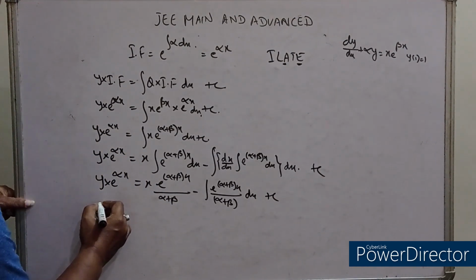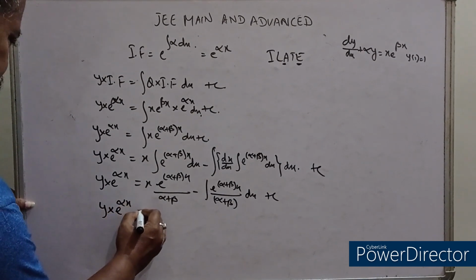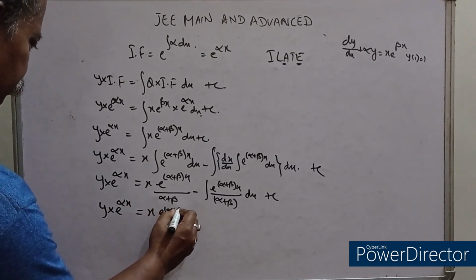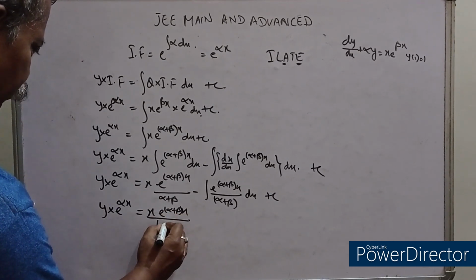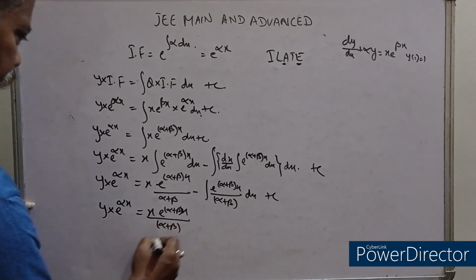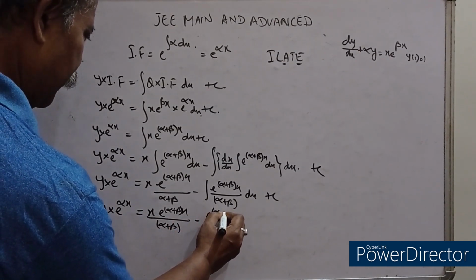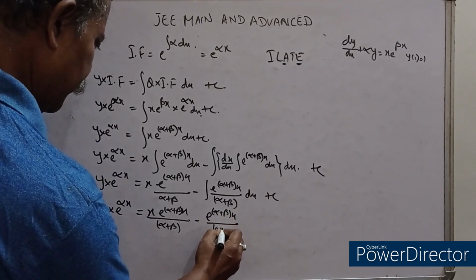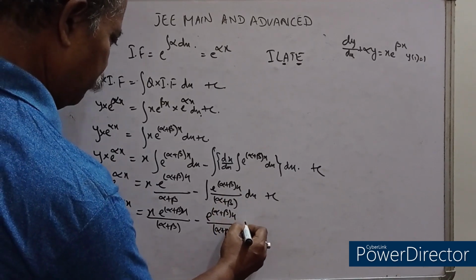So this comes out to be y e^(alpha x) equals x e^((alpha plus beta) x) by (alpha plus beta), minus e^((alpha plus beta) x) by (alpha plus beta) whole squared, plus c.